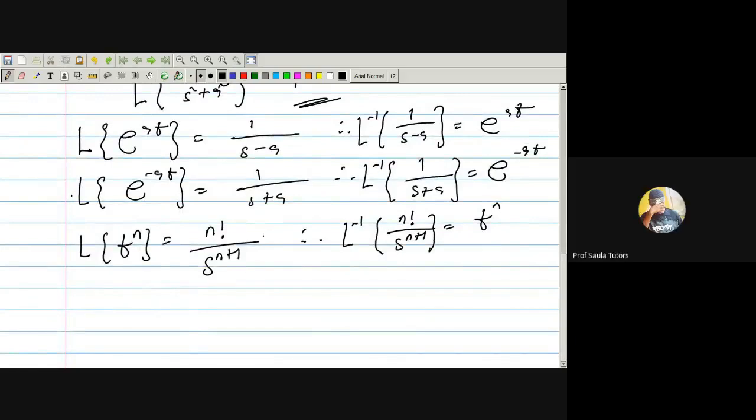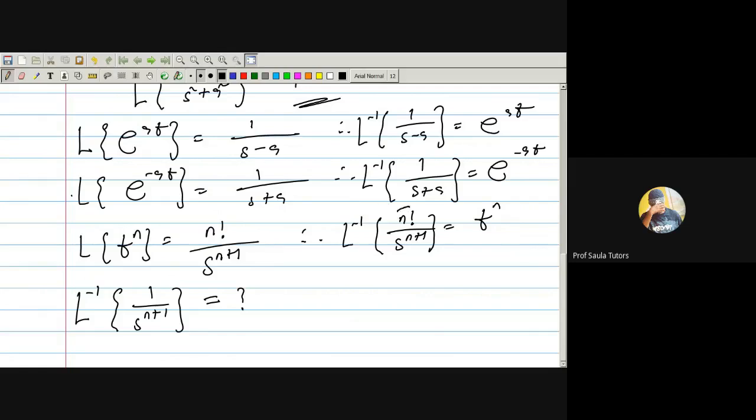Let's go. Now, see this thing now. What is now the inverse Laplace transform of 1 over s raised to power n plus 1? Now, without the n factorial, what do you do? What will my answer be for this? Let's do a game here.